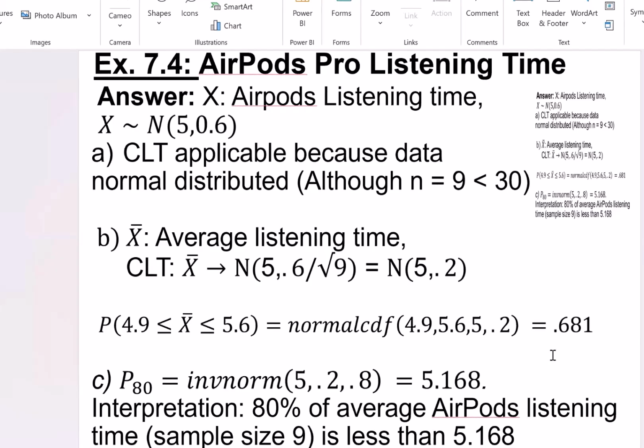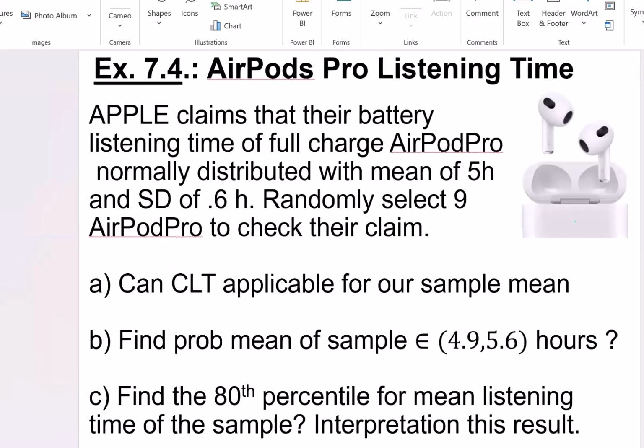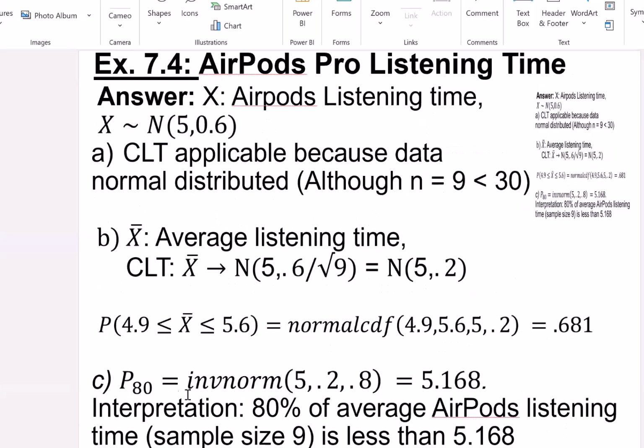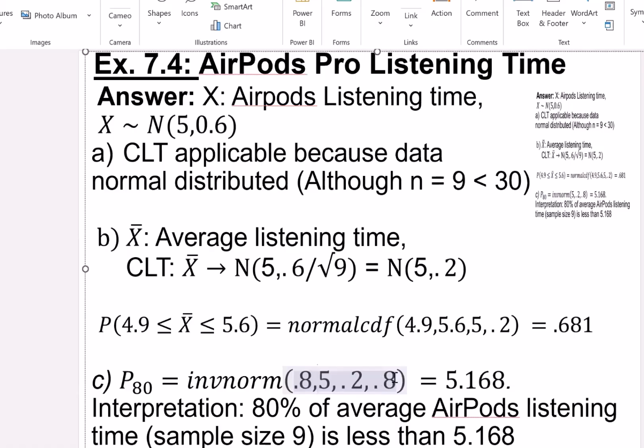Basically, you want to find the value where 80% of mean listening times are less than that value, and 20% are bigger than this value. So you just do inverse norm of 0.8, with mean 5 and standard deviation 0.2. So you do inverse norm here, and you should be able to get the value.